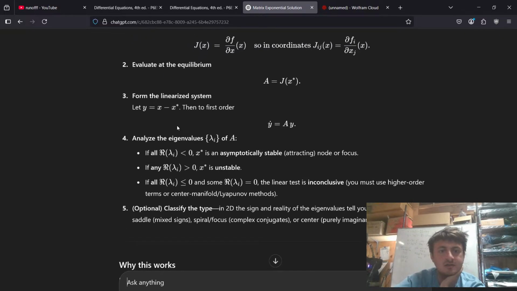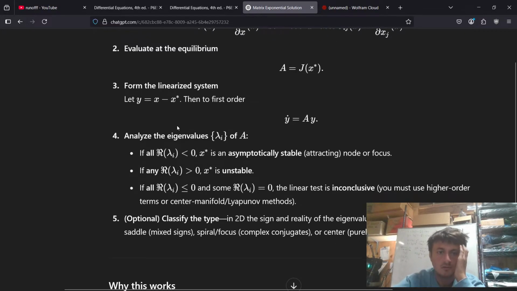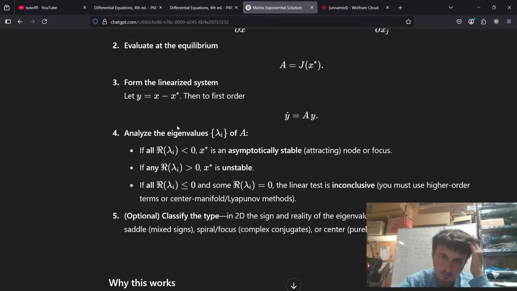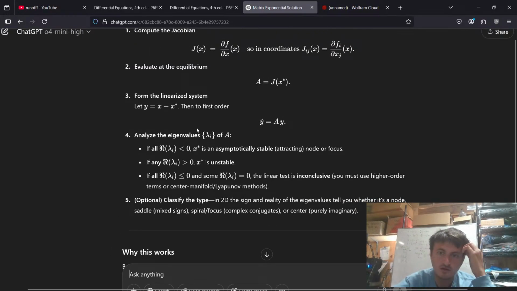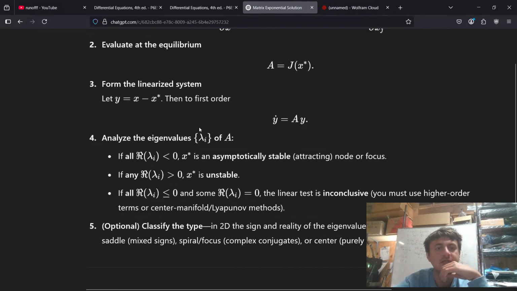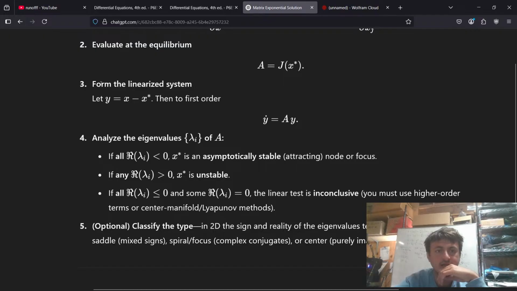Form the linearized system. Oh, that's so cool, man. Does this work for nonlinear systems too, right? This is so sick. I don't really get this. Form the linearized system.